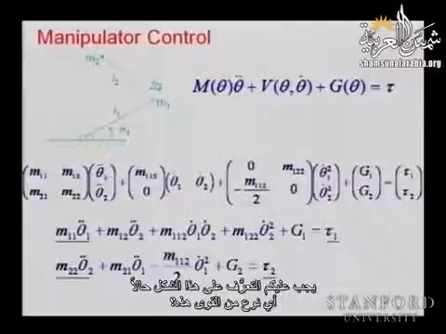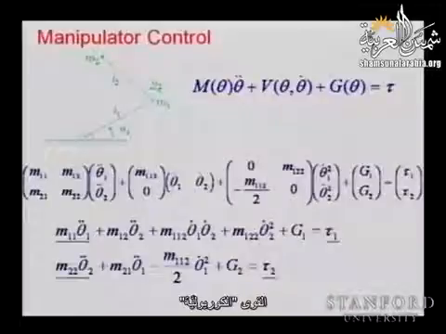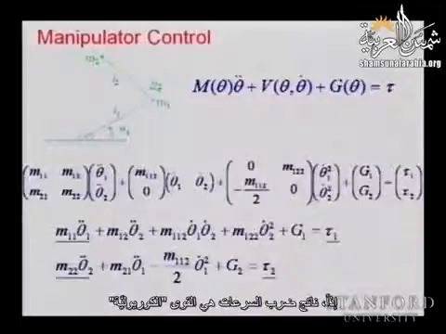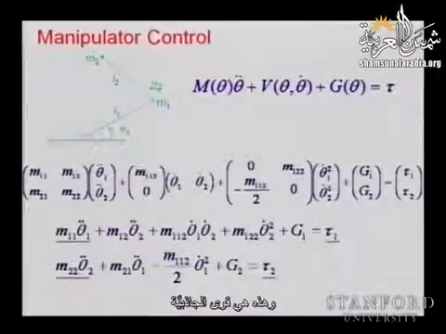Come on, you have to immediately recognize this form. What kind of forces are these? Centrifugal forces. On the top, Coriolis. So product of velocities, Coriolis; square of velocities, centrifugal; and these gravity forces.